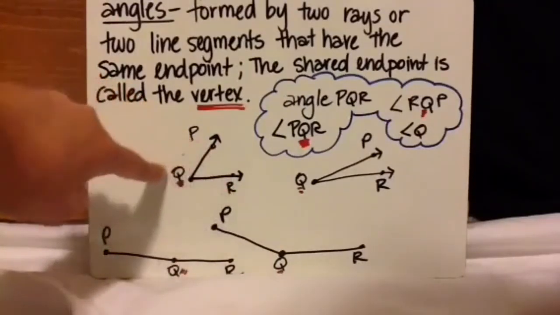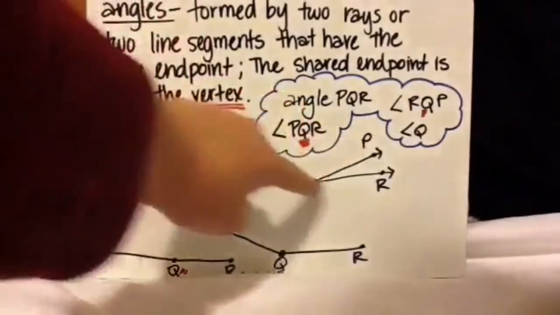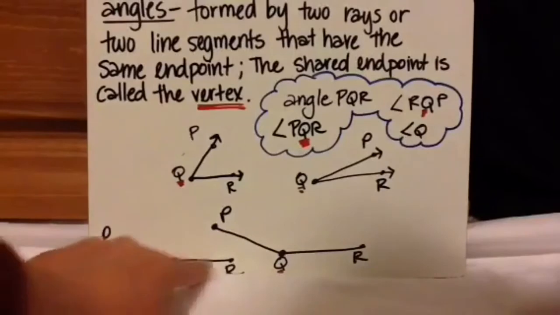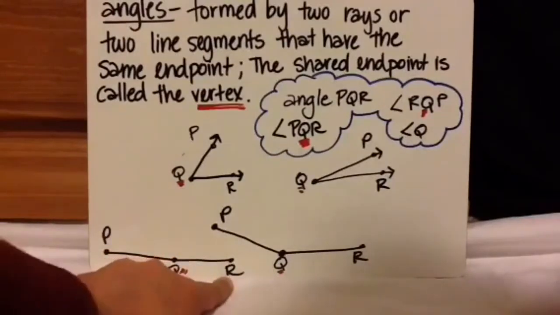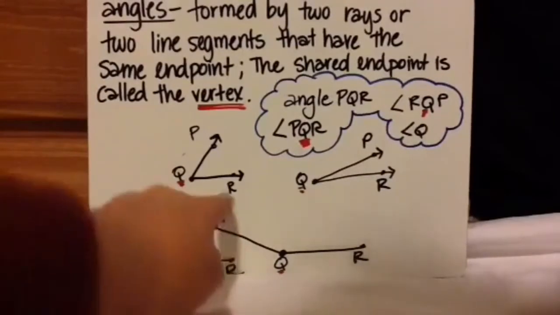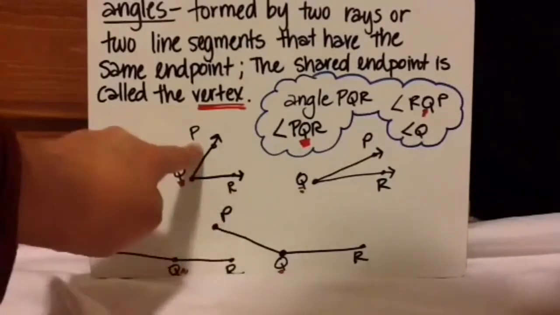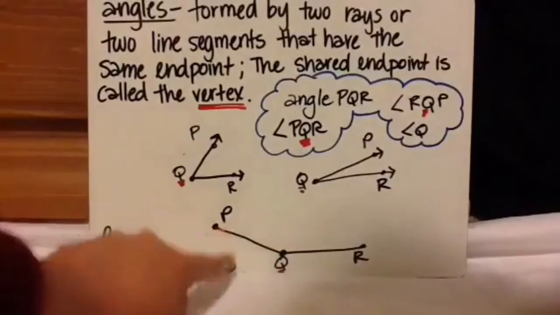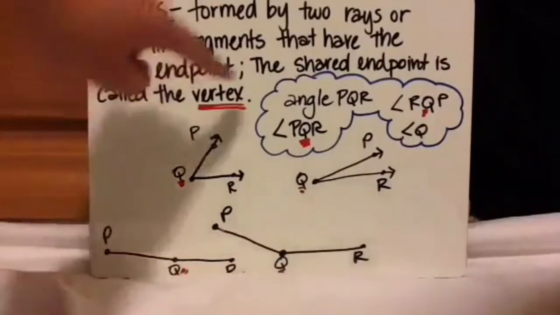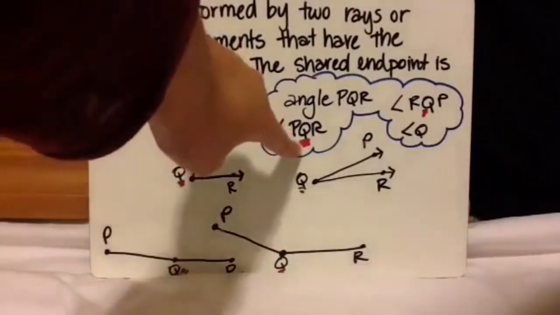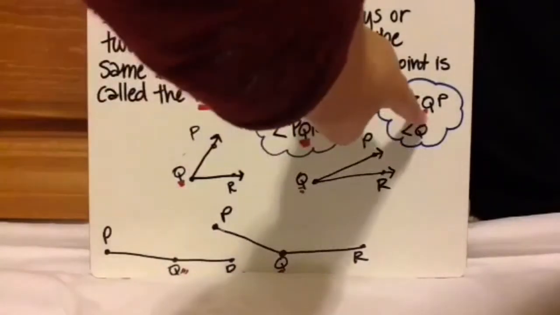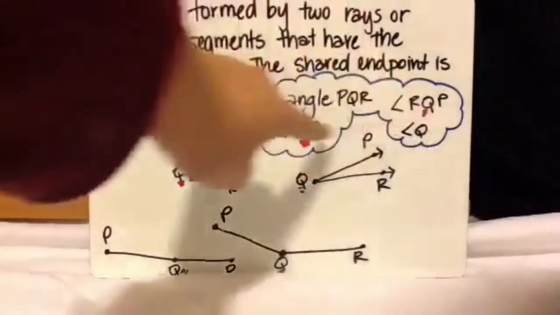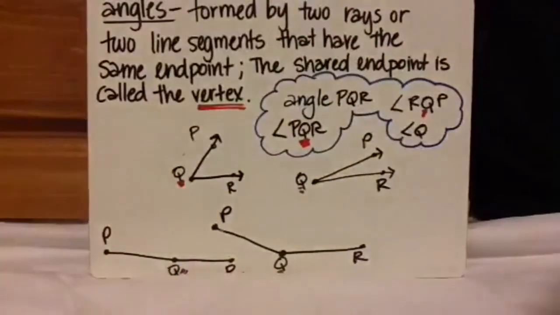So angle PQR. You can also read it the other way, angle RQP. Notice that I underlined the middle, the vertex one, in red, so you can see the Q is always in the middle of both of them.